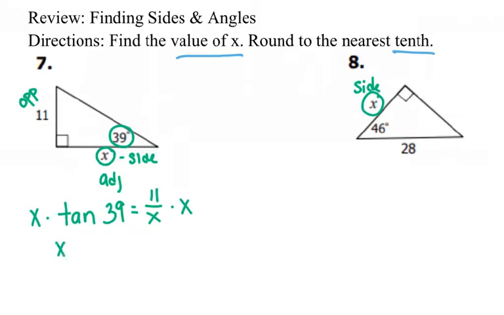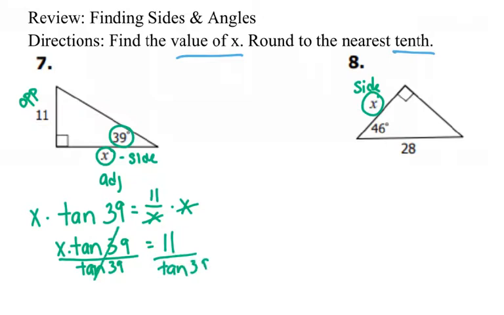So I get x times the tangent of 39 equals, these x's cancel out, 11. And I'm trying to get x by itself, so I need to get rid of tan 39. Since it's being multiplied, I'm going to divide both sides by tan 39. So x equals 11 divided by the tangent of 39. And when I put this in my calculator, I get 13.6. And that is a side length.